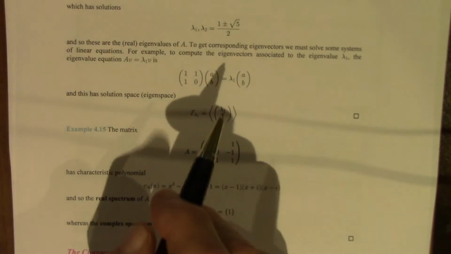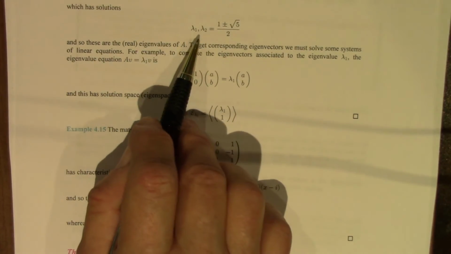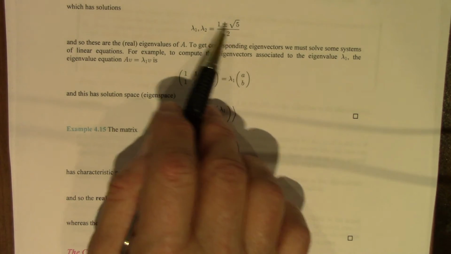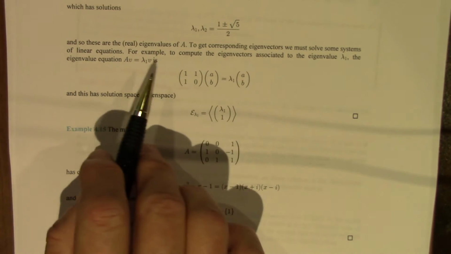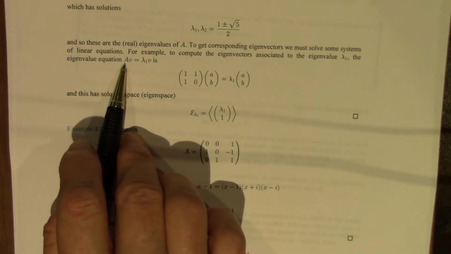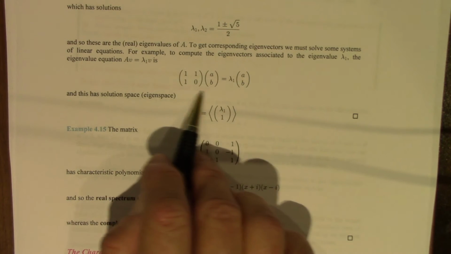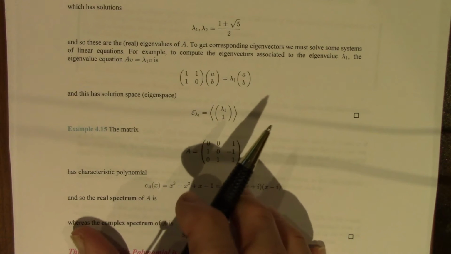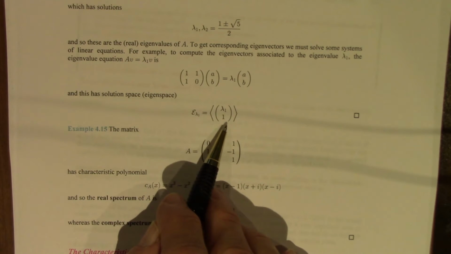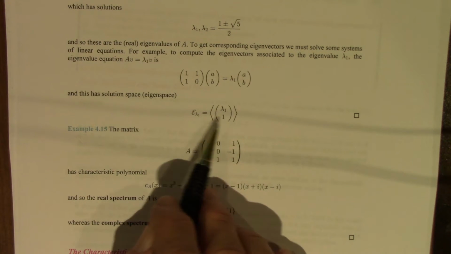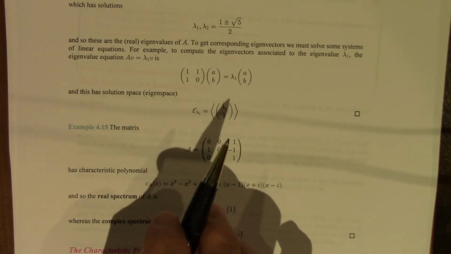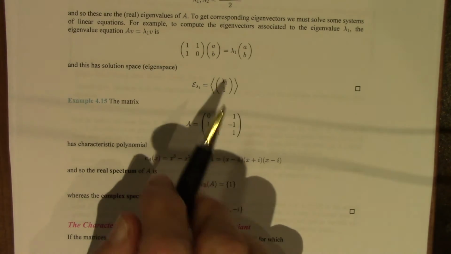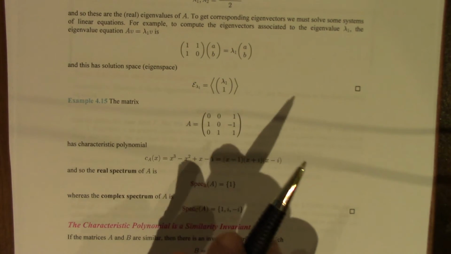For example, to compute the eigenvectors associated to the eigenvalue lambda 1, take the plus sign there, then the eigenvalue equation looks like this, and the solution looks like this. So this is the eigenspace generated by this single vector. It's a one-dimensional eigenspace.